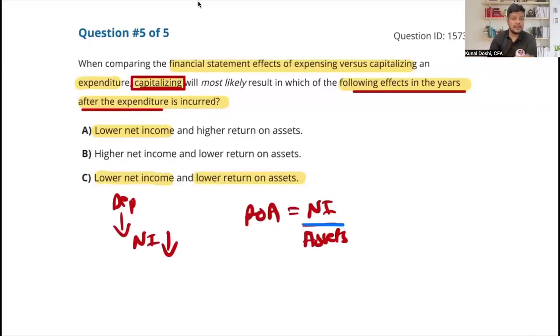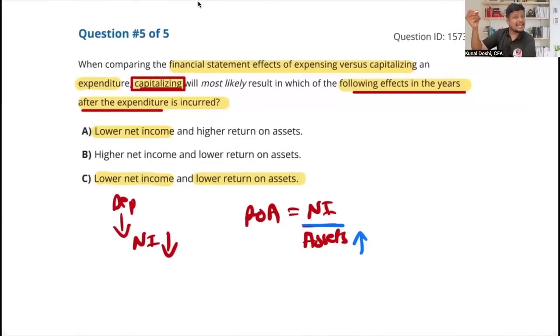So what will happen? When I capitalize something, the assets value increases compared to expensing because of the denominator being higher. And the net income will be lower due to depreciation. Both will result in my ROE increasing or decreasing? Sorry, both will result in ROE falling down. So the answer is C, not A.